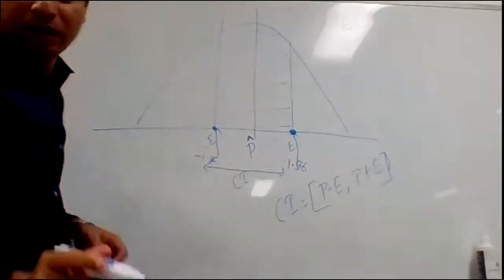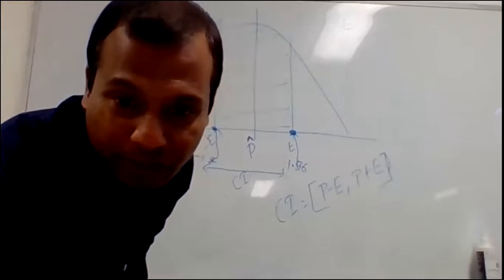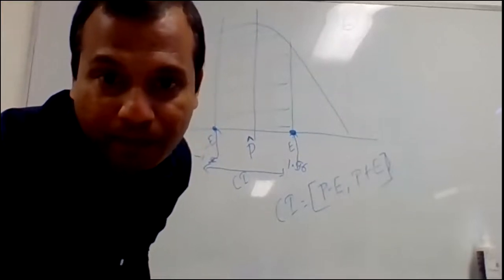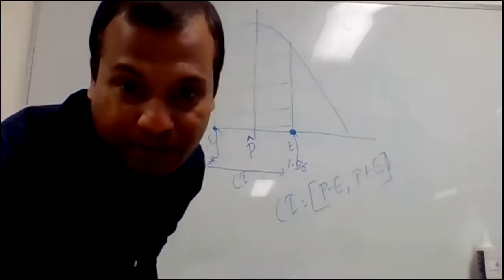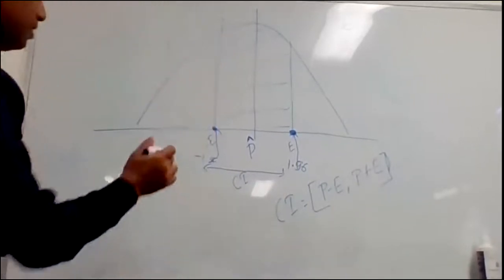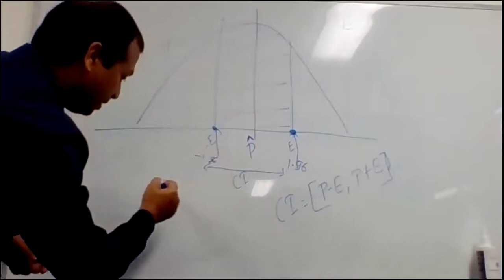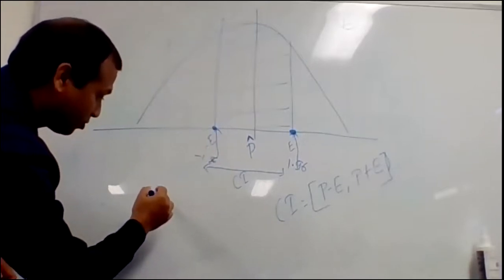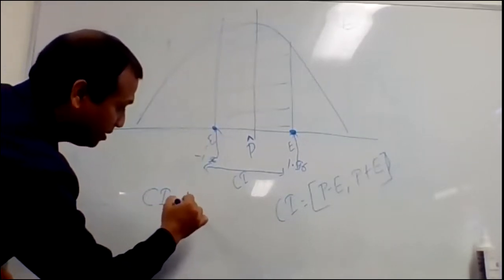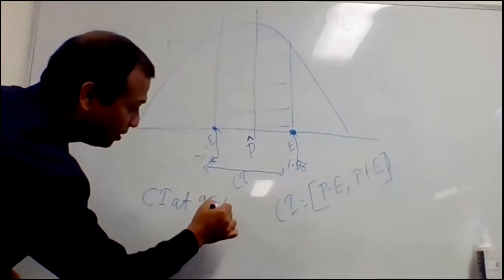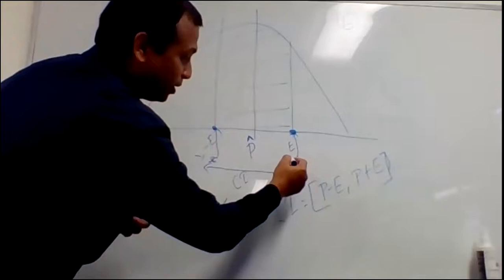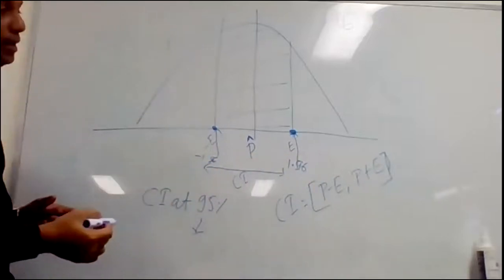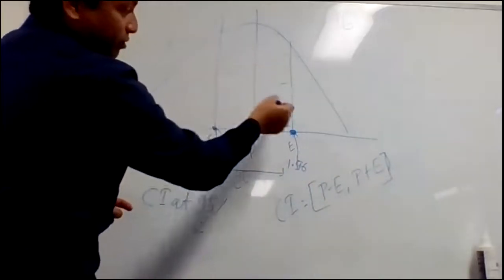For how much confidence? The value 1.96 we have seen is for 95%. So if you need to construct a confidence interval at the 95% confidence level, the critical values will be 1.96 and minus 1.96. So you need to find this.